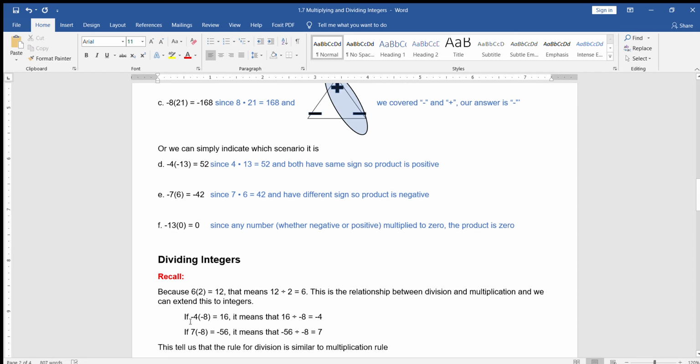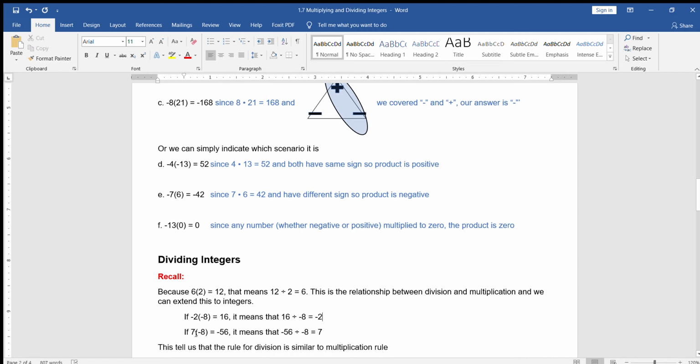Well, if negative 2 times negative 8 is equal to 16, then 16 divided by negative 8 is equal to negative 2.